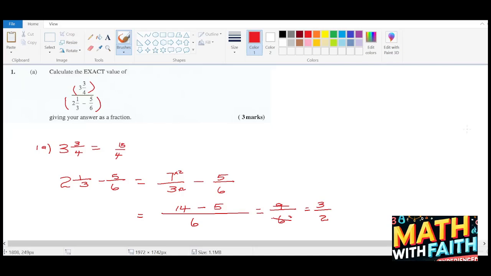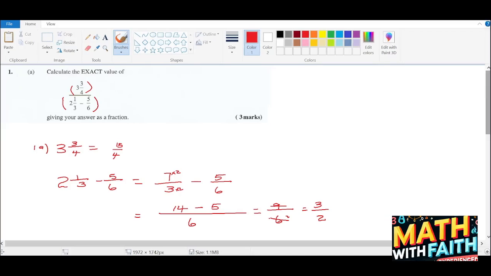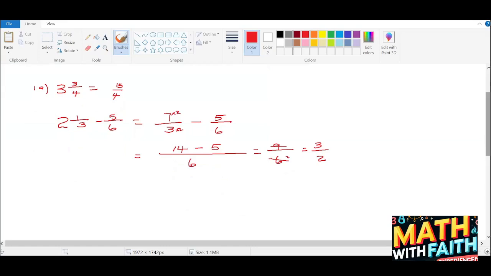I am going now to put the numerator and denominator together. So our numerator is 15 over 4, and our denominator is 3 over 2. And remember, this sign in the middle here simply means to divide. So in other words, this sum is asking us 15 over 4 divided by 3 over 2.